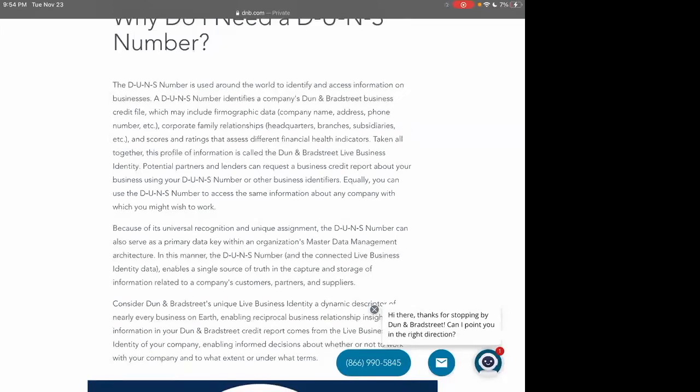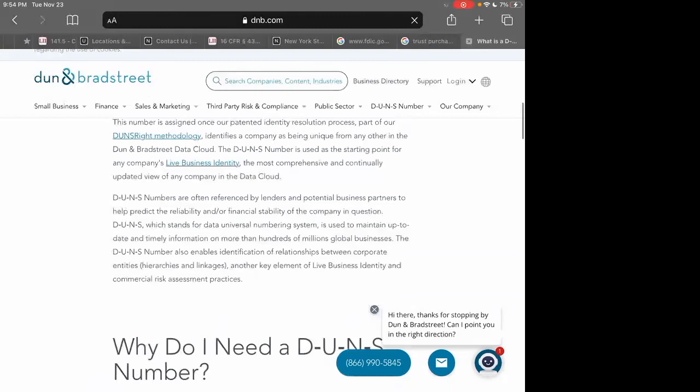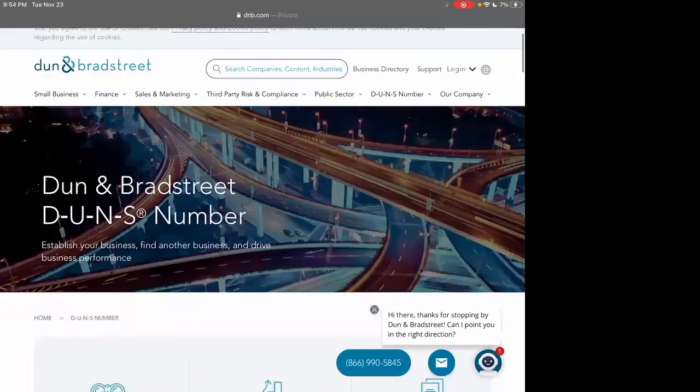In this manner, the D-U-N-S number and the connected live business identity data enable a single source of truth in the capture and storage of information related to a company's customer, partner, and supplier. Okay, so that's what a D-U-N-S number is. It's pretty much the business aspect of credit. Okay, so how do you get one?